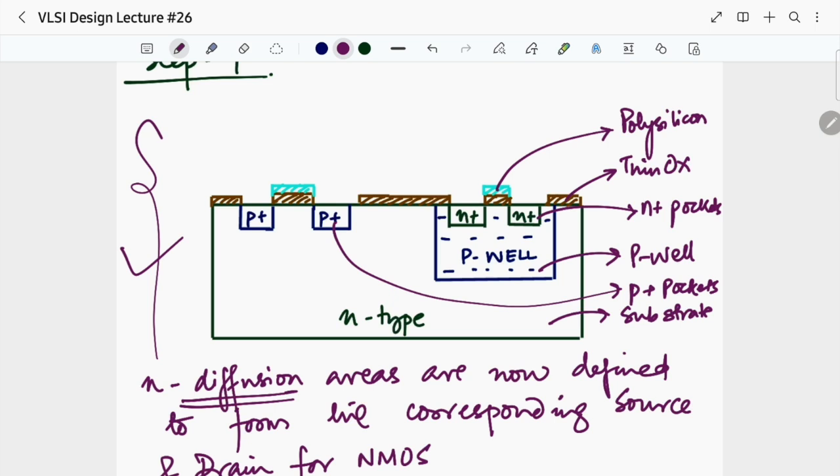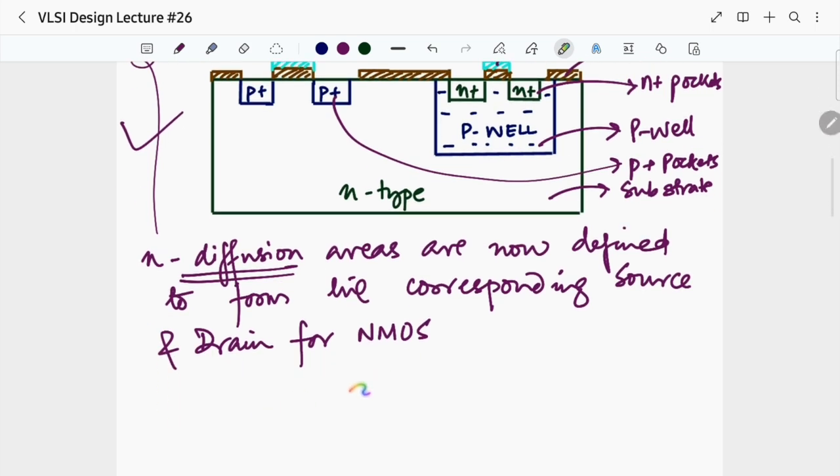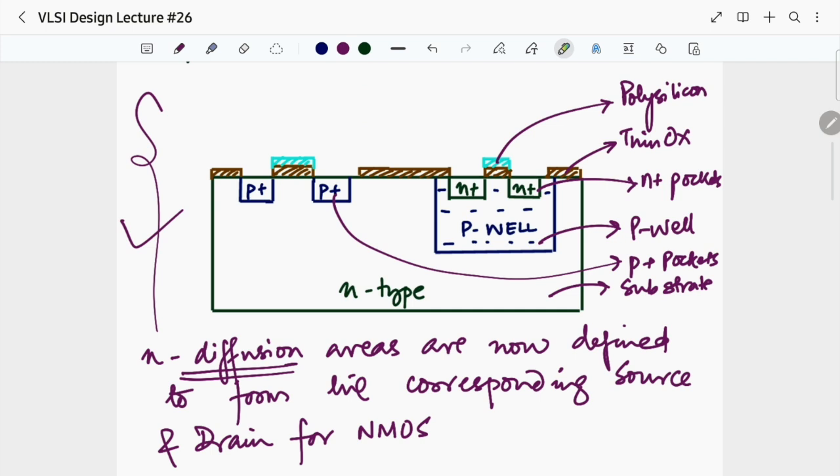Now it looks like somewhat like an inverter, isn't it? On this side of my substrate I have got PMOS, and on this side of my substrate I have got the NMOS. Now we have to give the finishing touch. So as I have already mentioned that the P-Well fabrication has steps from 1 to, alright, so now we have to give the finishing touches.